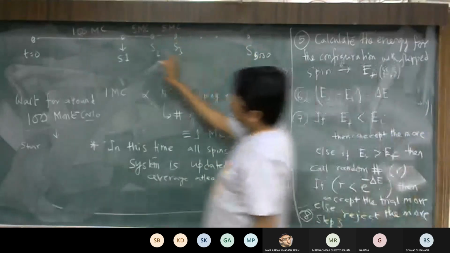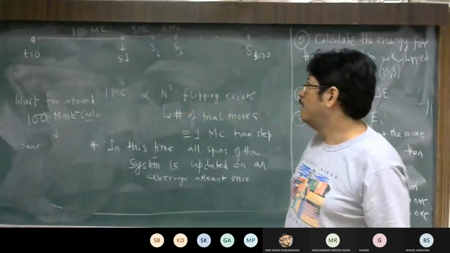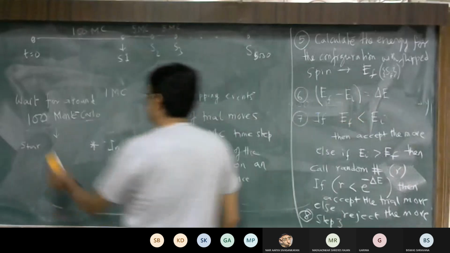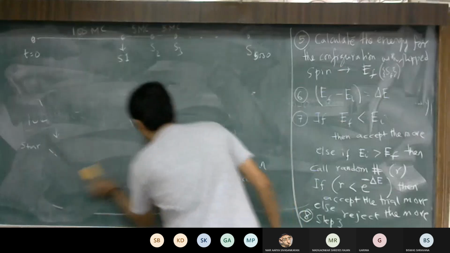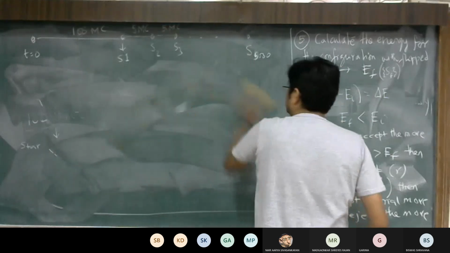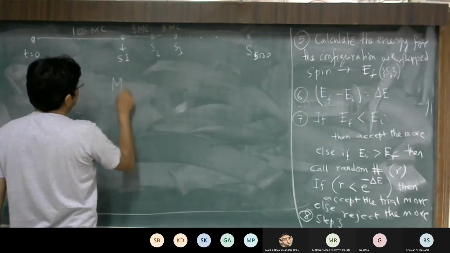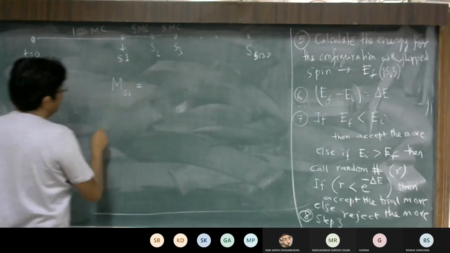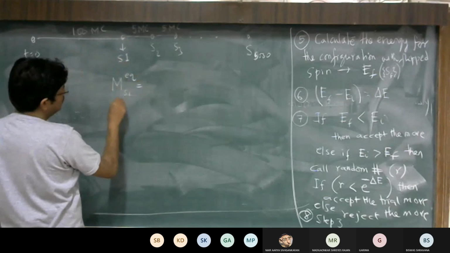And just like before, if you want to, for instance, find out the average magnetization for the system, what is the definition of magnetization in this procedure? After I have spent this much time, it is already an equilibrium sample.